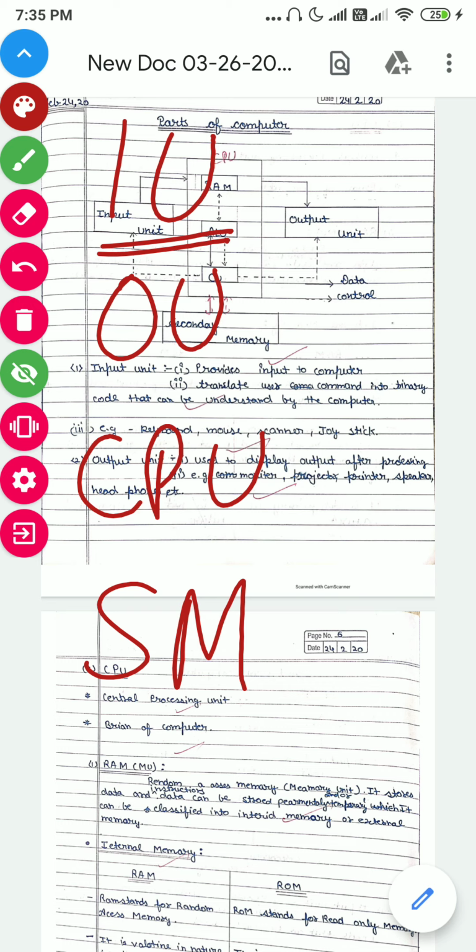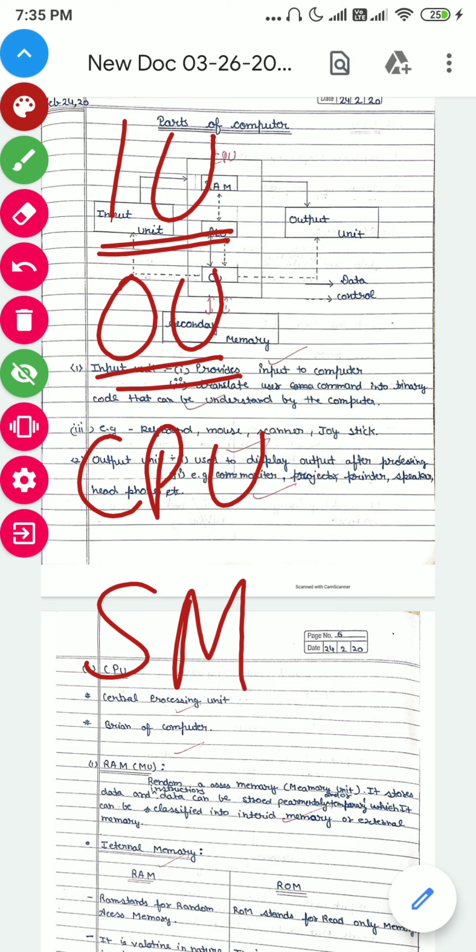Second thing, our computer understands only the binary language. We all know this. It does not understand our English or Hindi, it only understands the binary language. Now the input unit converts the human language into the binary language. Clear? Same way, what will the output unit do?